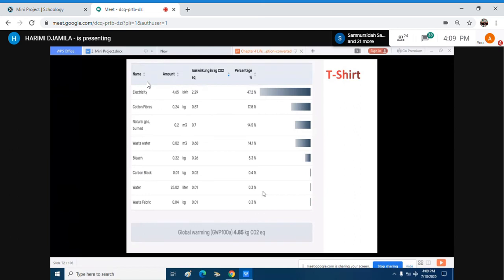For instance, if I look at the global warming potential here, in terms of percentage, it's obvious that the highest one is electricity consumption, which is 47.2, and the lowest one is carbon black, which is 0.4.